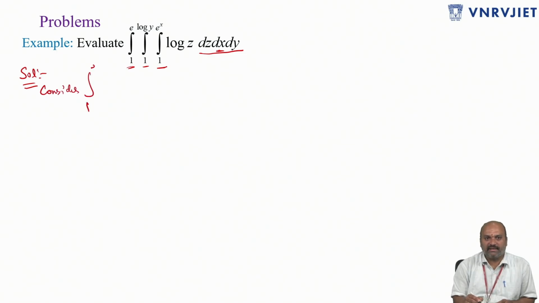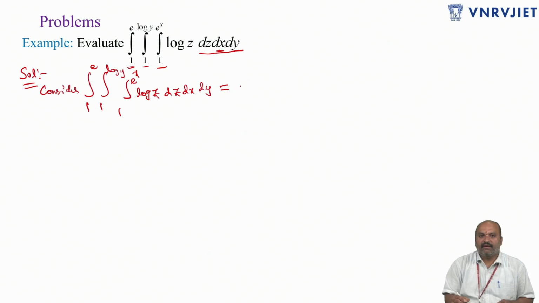Now consider this integral: integral 1 to e, integral 1 to log y, integral 1 to e to the power of x, of log z, dz, dx, and dy. First we have to evaluate with respect to z, so we treat x and y as constants. Anyway, there is no contribution of x and y in the integrand.